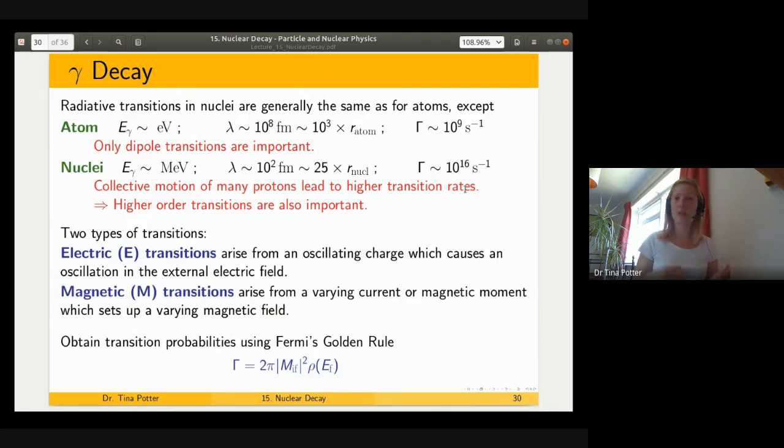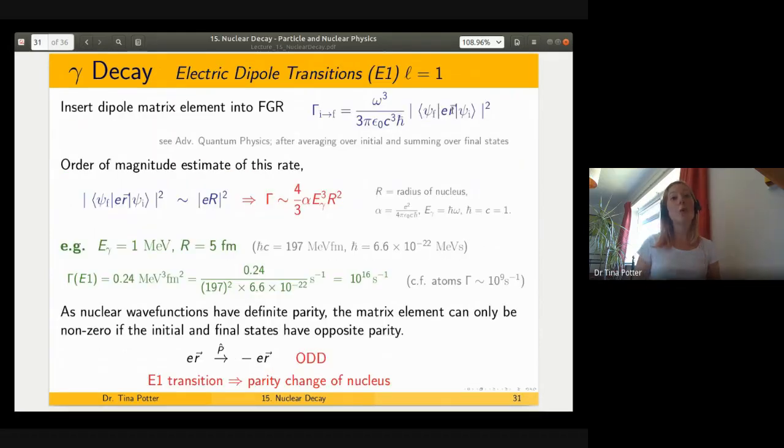And we can have a look at these different types of transitions. Again, it's just one process, some initial state going to some final state. It's no different to what we've done before. We can look at Fermi's golden rule for this. We can get an estimation just from the order of magnitude of this rate by having a look at the matrix element here. That's the interesting bit. We can leave the rest to later. And this should go as E times the radius of this nucleus.